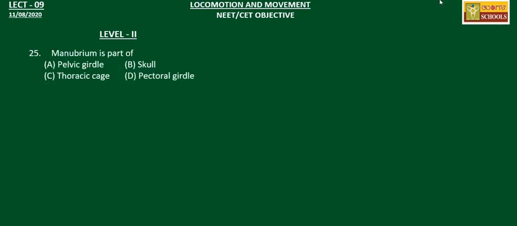So the next question, manubrium is a part of sternum. We know that the sternum has a total of three parts.